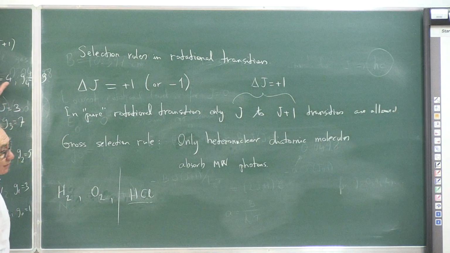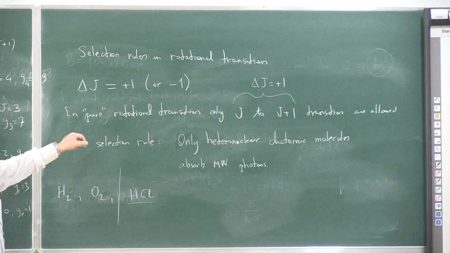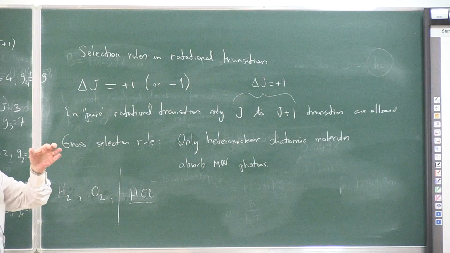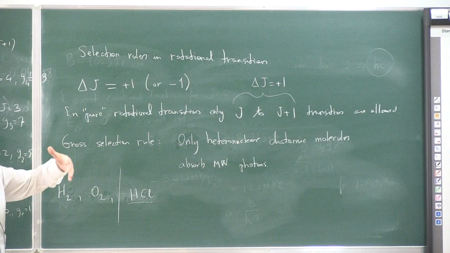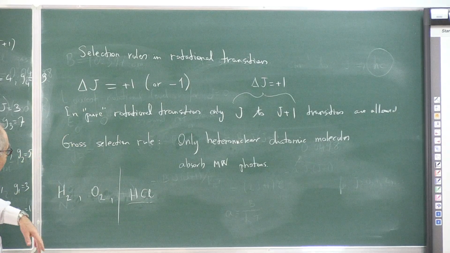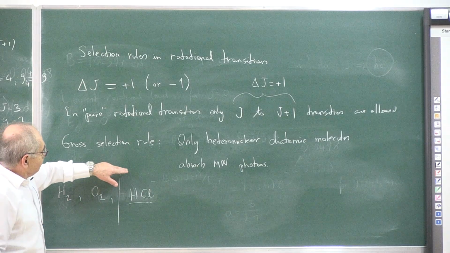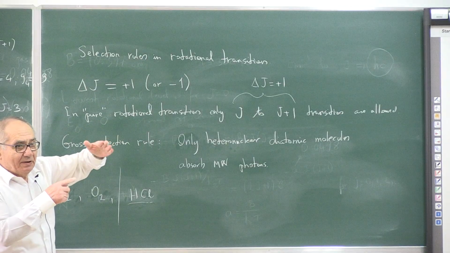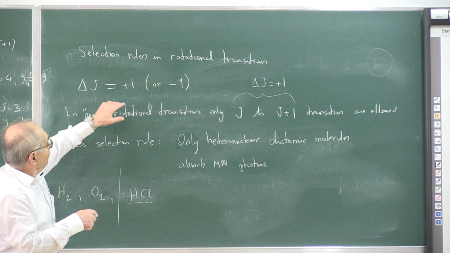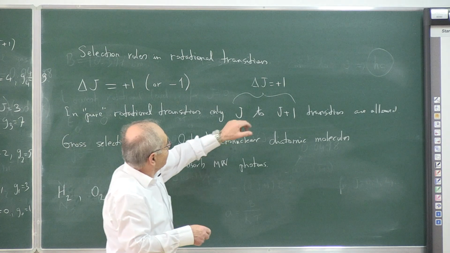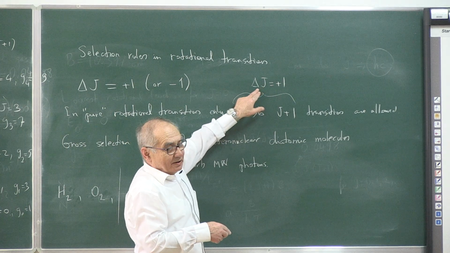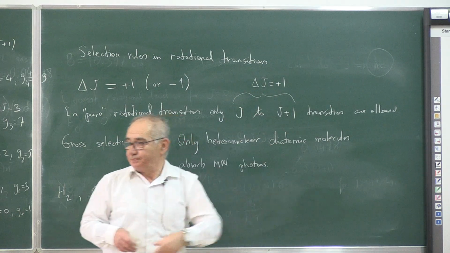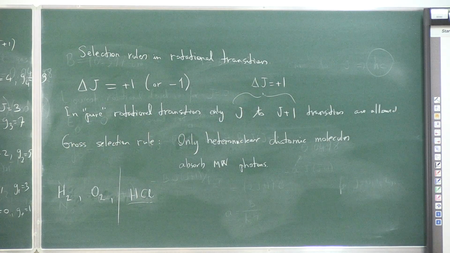Our sample in this example is hydrogen chloride gas. So this gas is going to absorb microwave radiation. But not every transition is possible. Only those transitions which satisfy this restriction are allowed. So what does it mean?